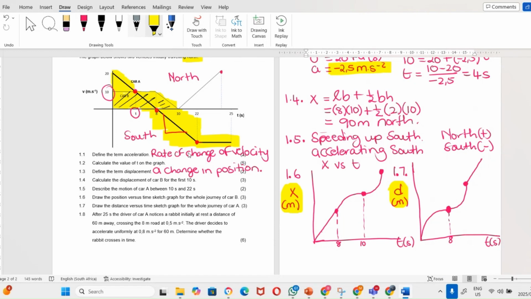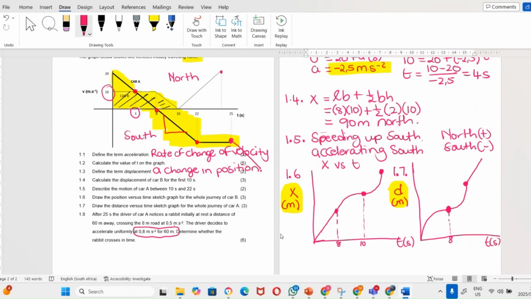We have to find that velocity and then work with it from the 25 seconds that the question is talking about, because after 25 seconds he decides to speed up. So if we were to continue the path of that graph, we'll draw it like that, because he speeds up now when he is seeing this particular rabbit.